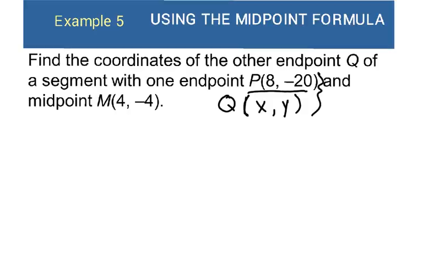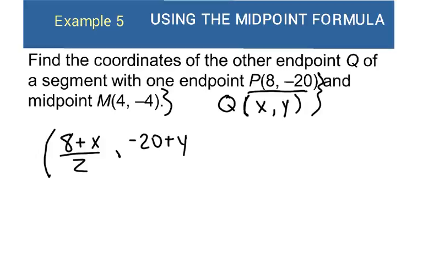I'm going to use these 2 points and set it equal to this one right here. So (8 plus x) over 2 and (-20 plus y) over 2 is equal to (4, -4).